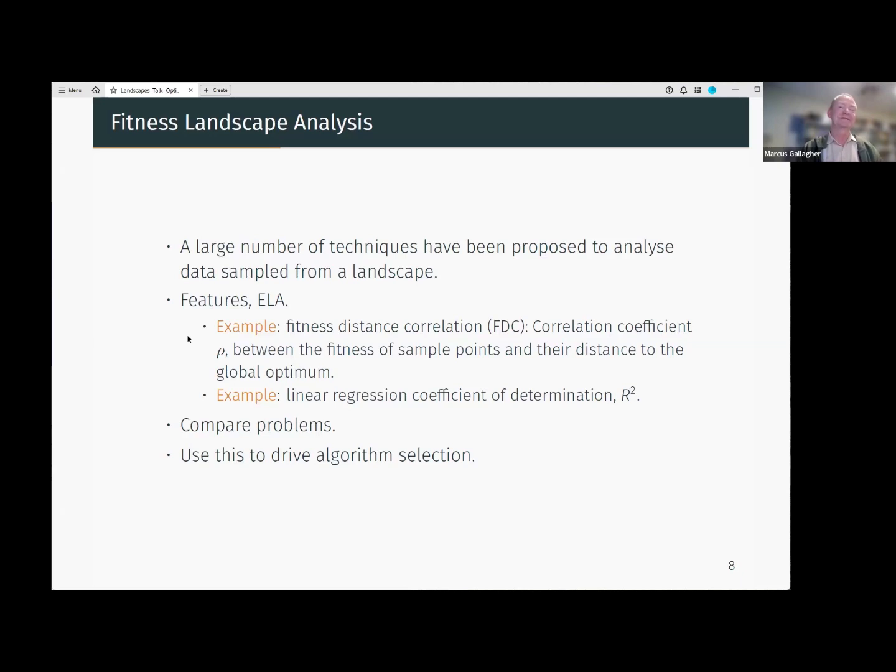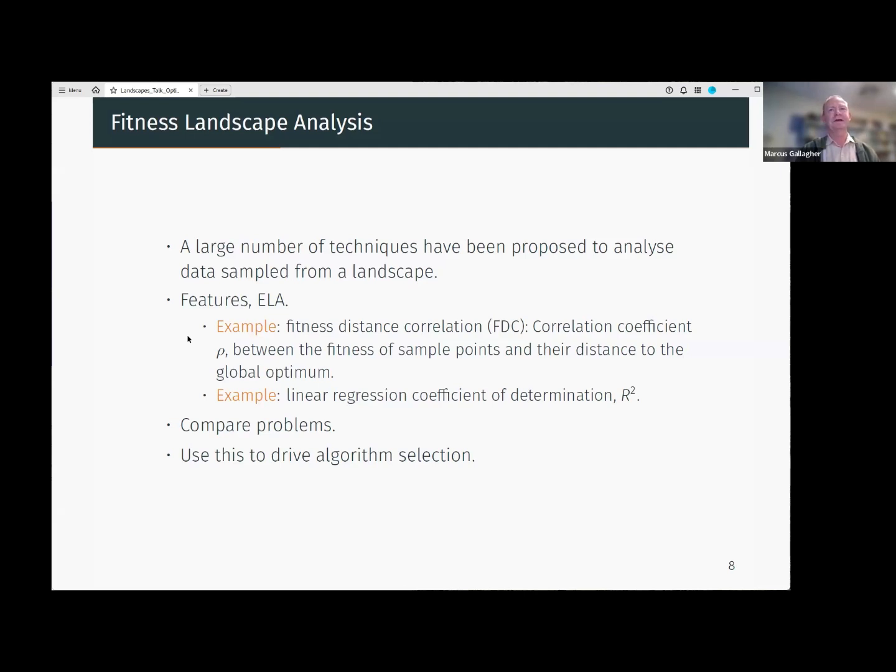Or you might take your data and do a linear regression model, and then look at the R squared for the linear regression model to get some indication of slope, goodness of fit. So there are many other features that people have proposed, hundreds, in fact.